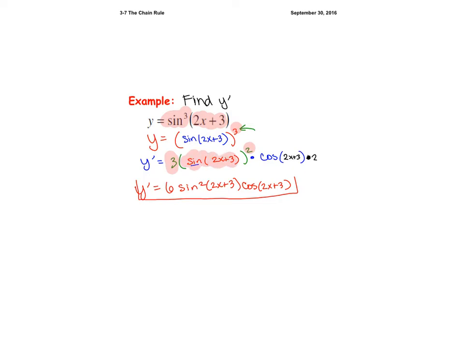Now, over here, we have an outside function of sine, and an inside function of 2x plus 3. So the derivative of sine is cosine, boom, leave the inside the same. And then we can take the derivative of the inside, which is 2. And then you end up with this. So that's the chain rule within the chain rule. We kind of talked about that yesterday as well.